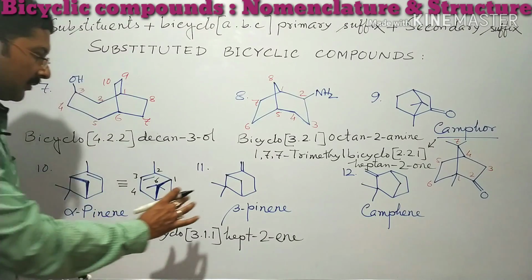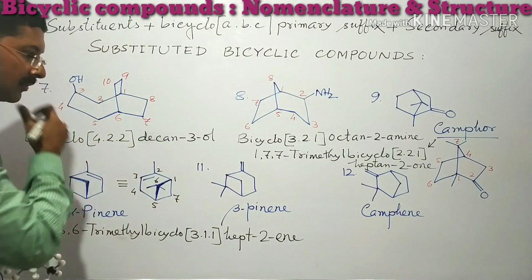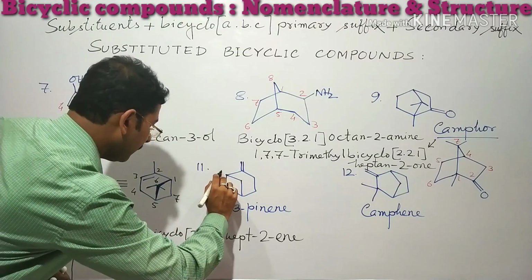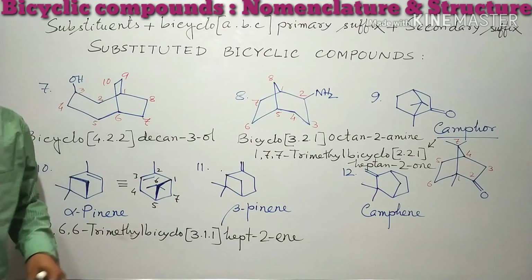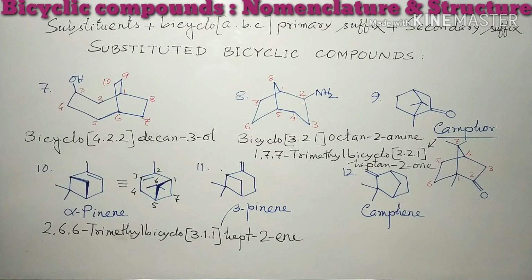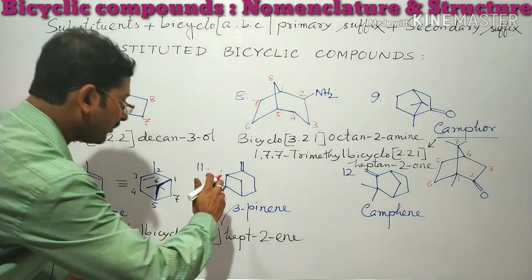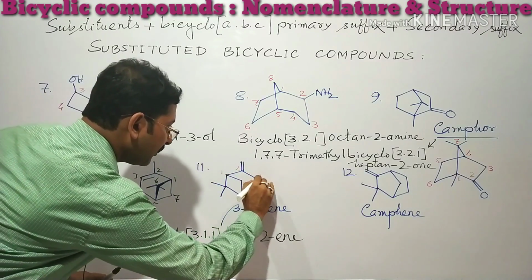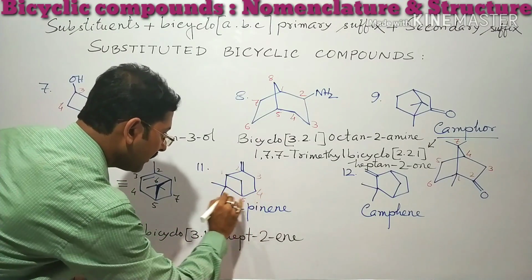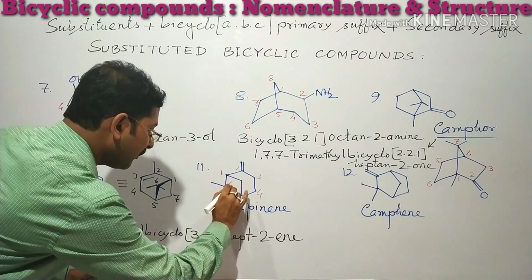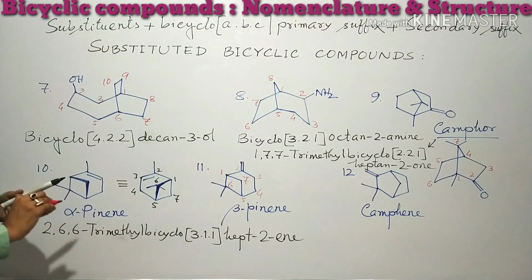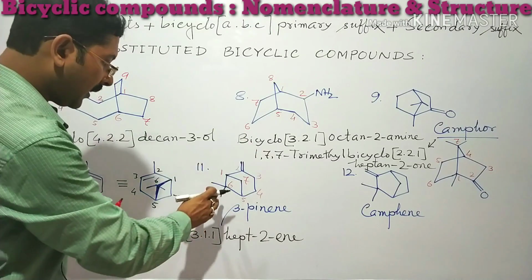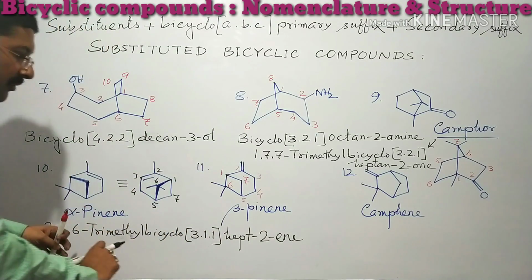Similarly, this is beta pinene. This compound can be written in this way. The numbering is like this: 1, this is 2, this is 3, 4, 5, this is 6, and definitely this is 7. So at the 2 position there is a methylene group. At the 6th position there are 2 methyl groups.